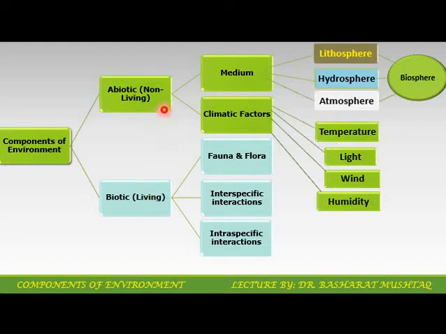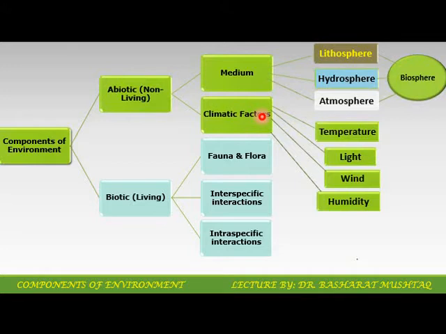Abiotic components are further subdivided into two major classes, that is medium and climatic factors. Medium is further subdivided into three classes: lithosphere, hydrosphere, and atmosphere. All these three mediums constitute a living zone that is known as biosphere.